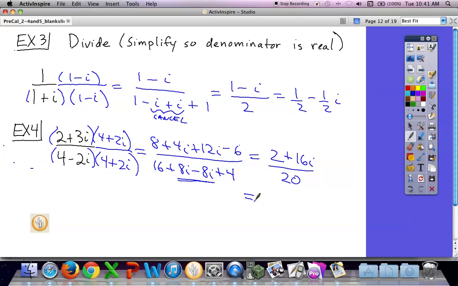And again, you could split it up so it's more of the form a plus bi by making this 1/10 plus 4/5 i. Just making those fractions the simplest fractions that I can.